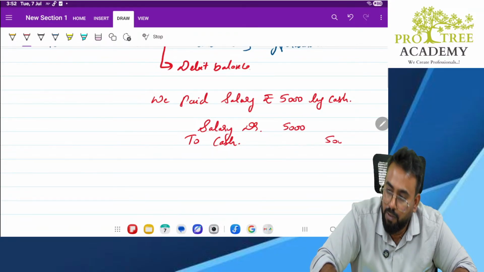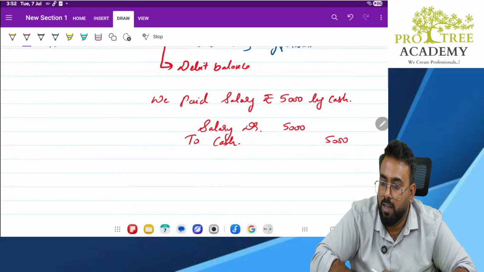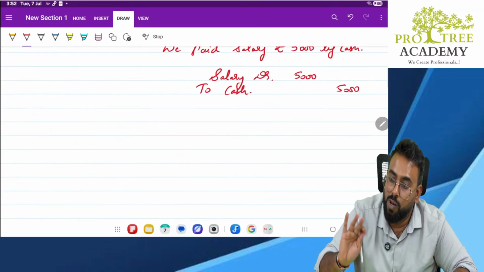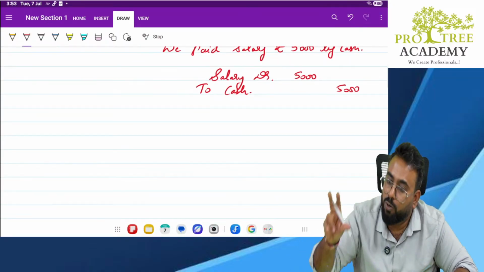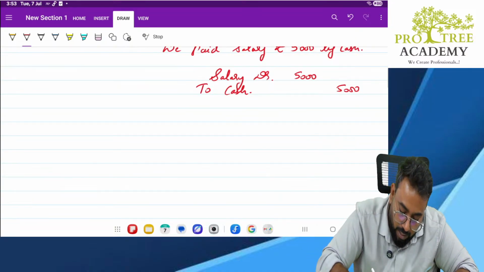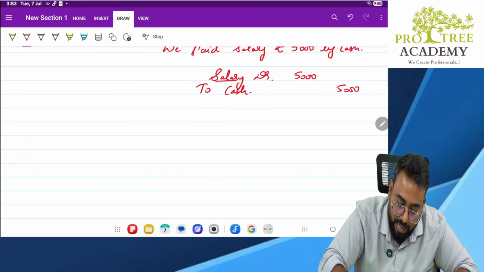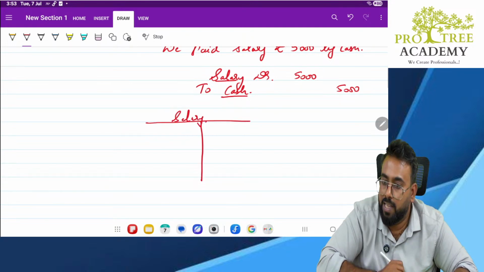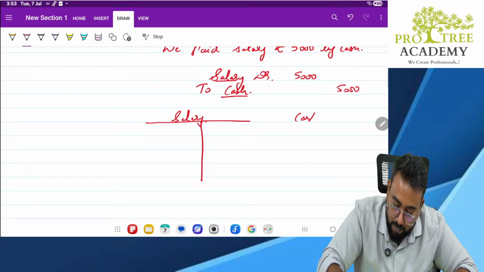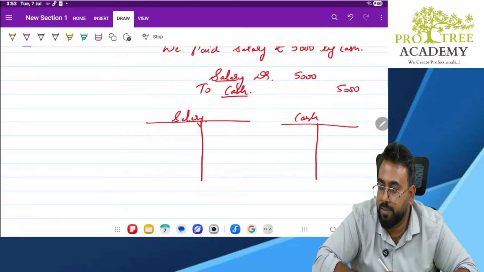5,000 and 5,000. Correct? Now, understand how the ledger is posted. At the same time, whatever I told you, debit balance, credit balance, you will understand. Let's open the ledger of salary and cash. Salary, cash.